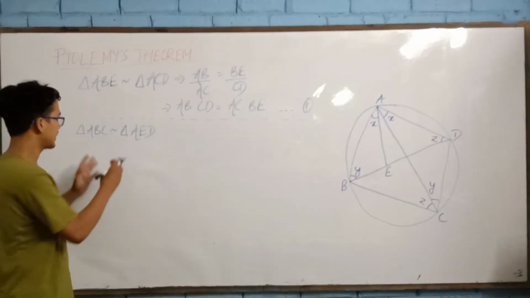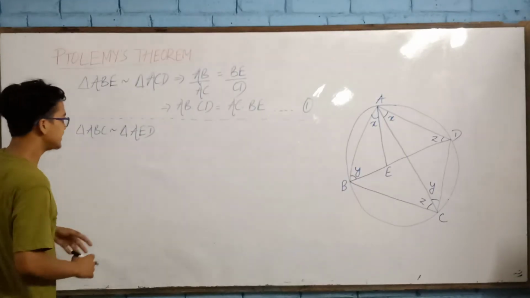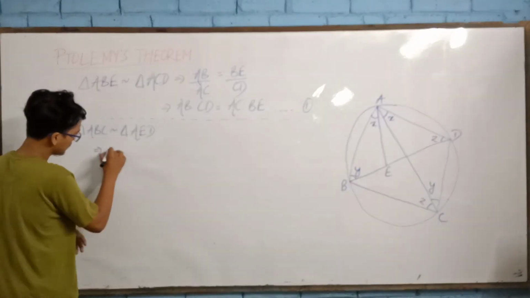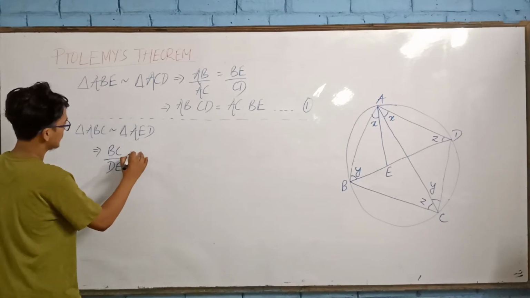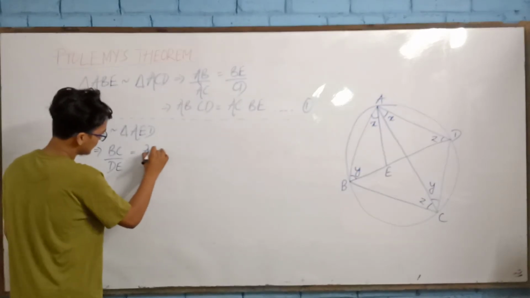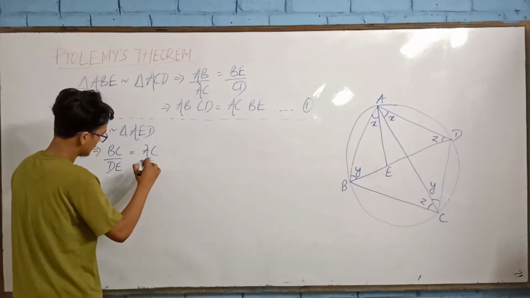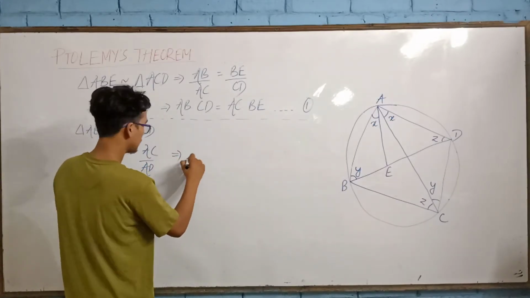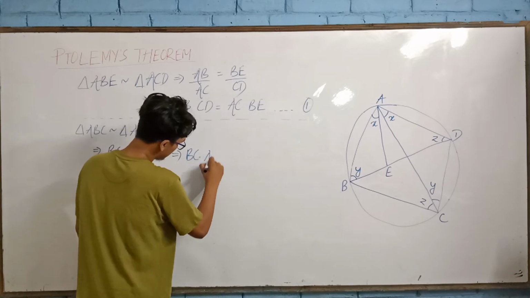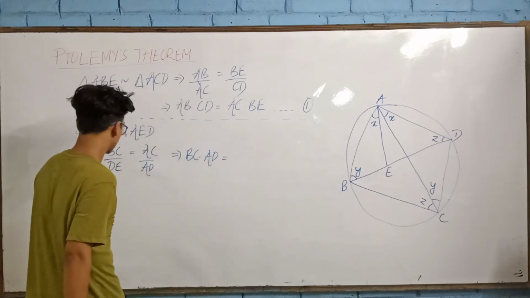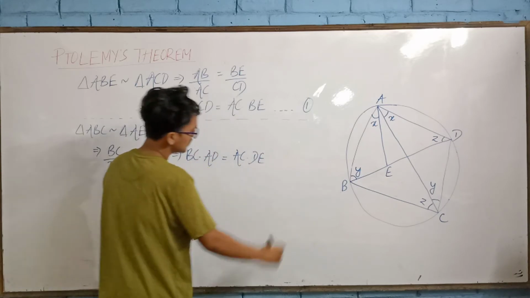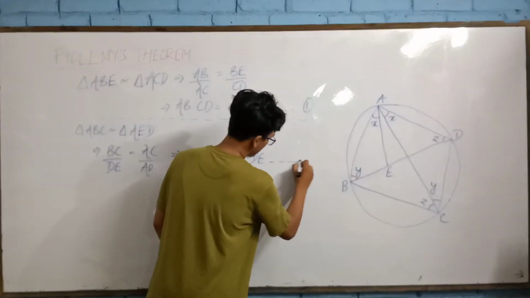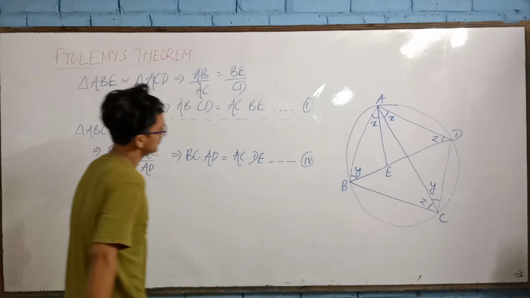So we just saw triangle ABC was similar to triangle AED. This implies BC by ED equals AC by AD. Now this means BC into AD equals AC into ED. I'm naming it as 4.